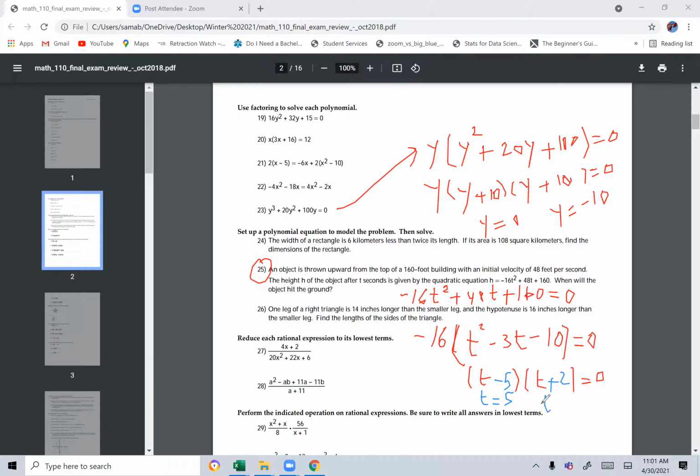And then you get t equals negative 2. Okay, one of the answers is not acceptable. Which one? You can't have two answers for the time. Well, time can't be negative, so this is rejected. And it takes 5 seconds for the object to hit the ground. So t is 5. Any questions?